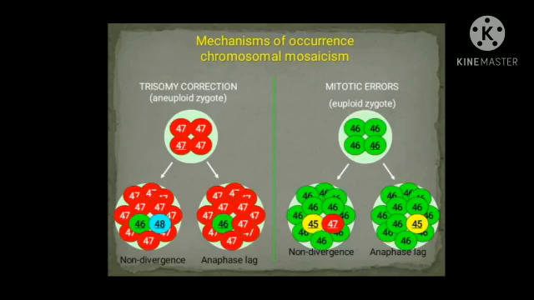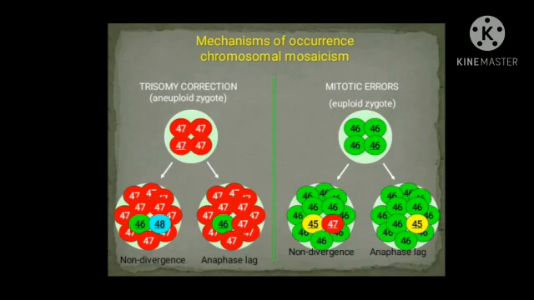The next example, on the right part of the slide, is mitotic errors in a euploid zygote. Here the situation is opposite, when a normal karyotype, a normal number of chromosomes, leads to abnormality.